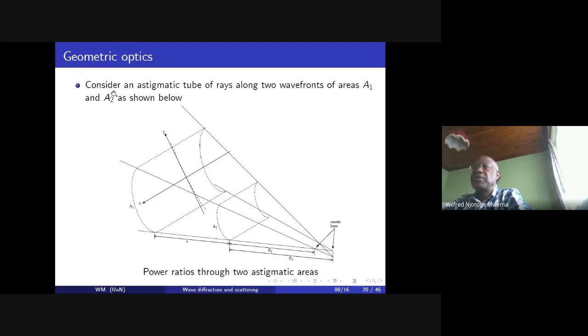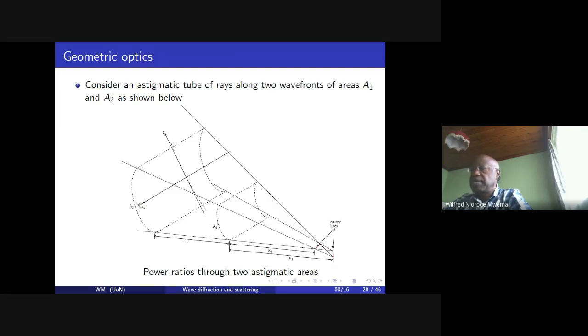Now, we are going to consider an astigmatic tube of rays along two wavefronts of areas A1 and A2, as we have there. That is, the rays are moving, and we have the caustic lines and those positions.